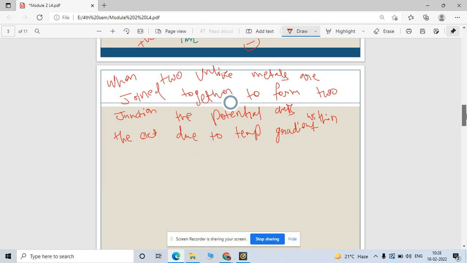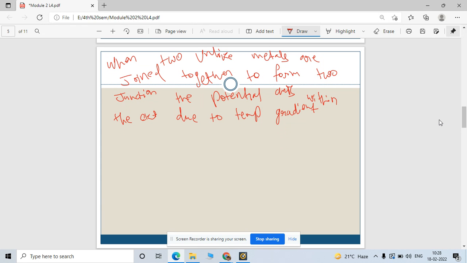And due to this temperature gradient, the electrons diffuse toward the reference temperature, along the entire length of the conductor.